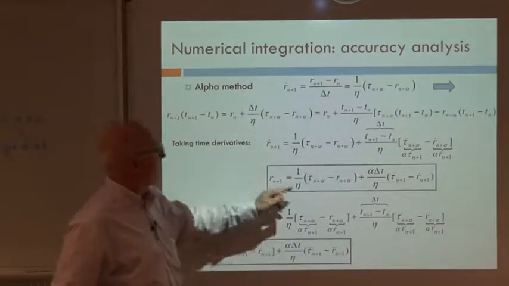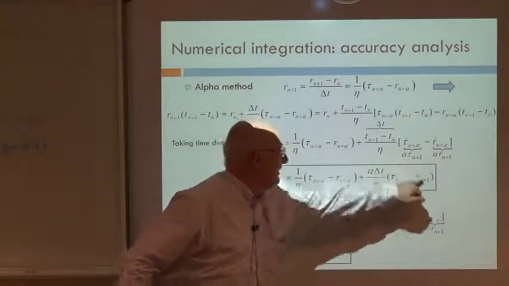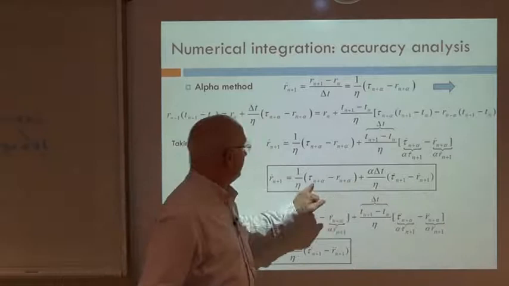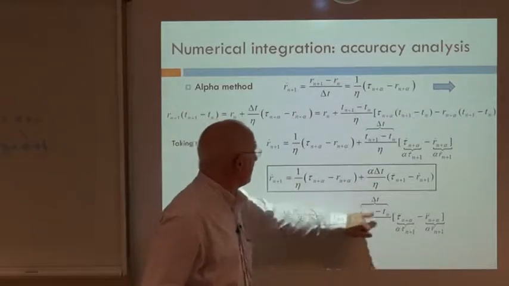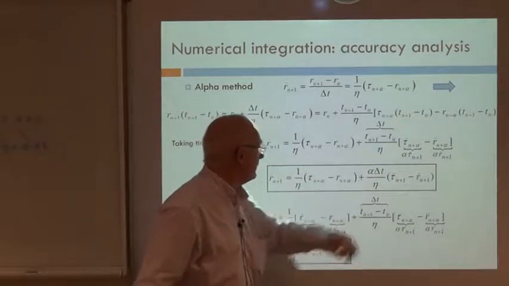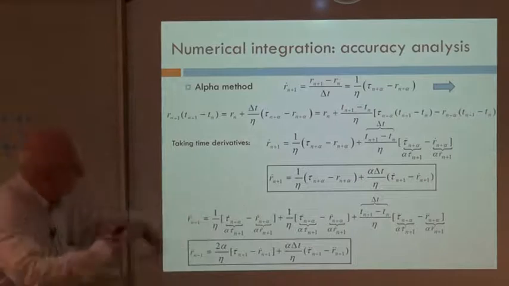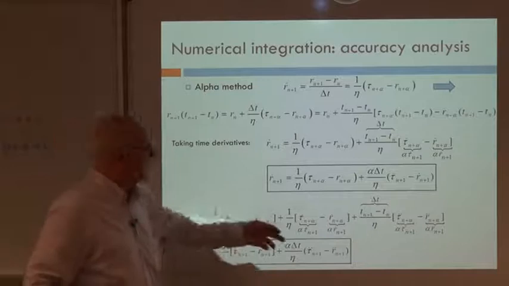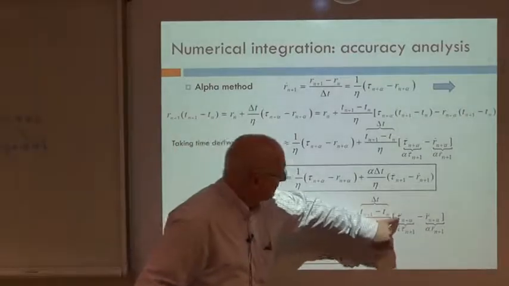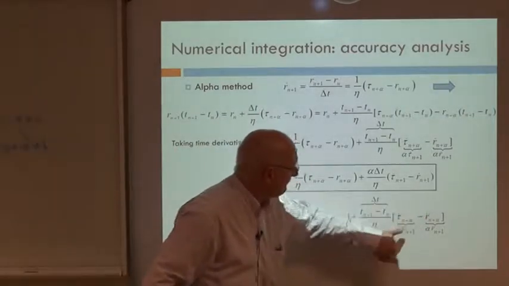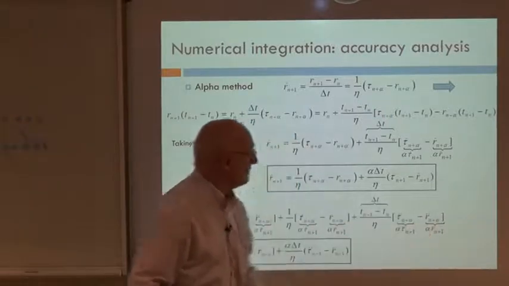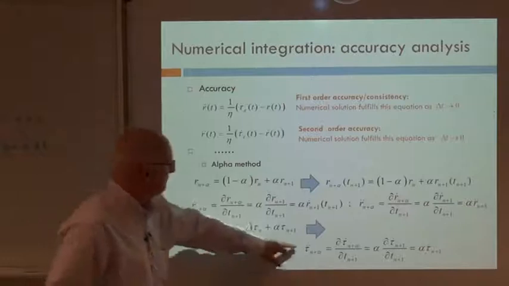And now I have to differentiate with respect to this term here. So this is 1 over eta times the differentiation of that, plus 1 over eta times the differentiation of that. So, after collecting terms, and again considering that the second derivative of tau and of r at n plus alpha is alpha times the second derivative of tau and r at n plus 1, those are the formulas that I obtained before.